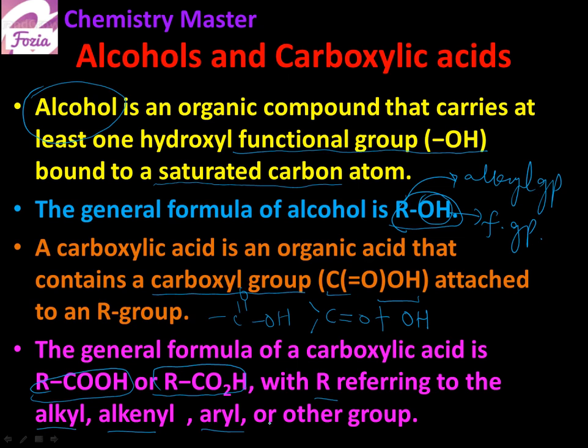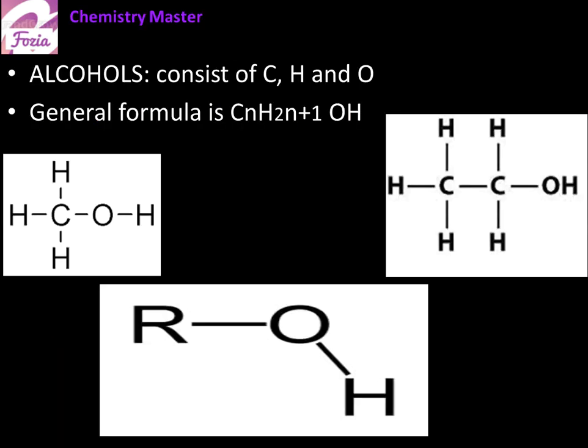But generally, if we talk about carboxylic acids, then again we need to focus on this functional group, because you know that the functional group becomes the reason for all the chemistry, the reactions and the properties of any organic compound. Now we proceed to understand how they can be drawn.